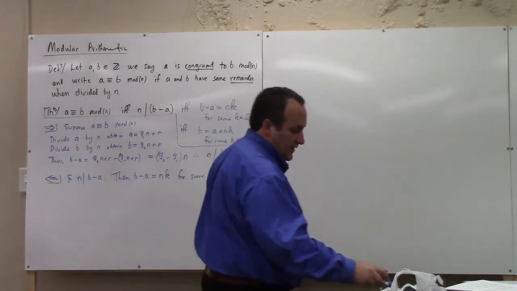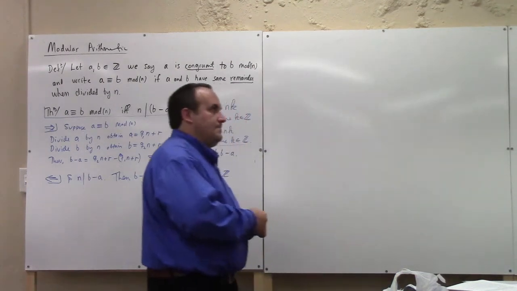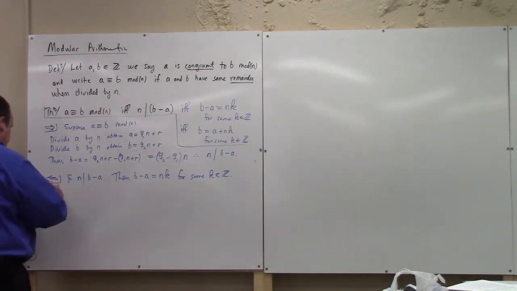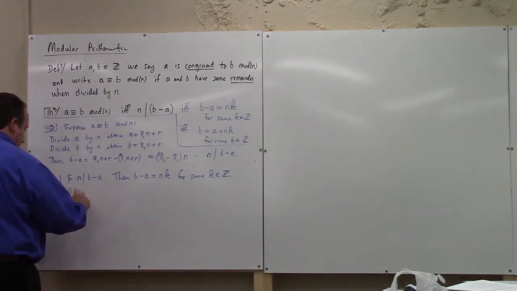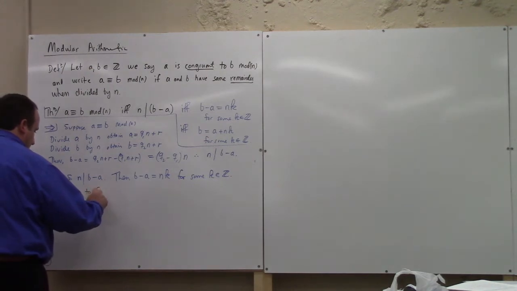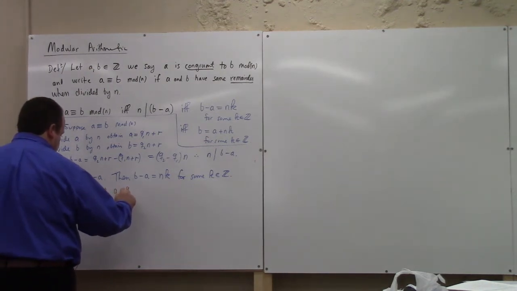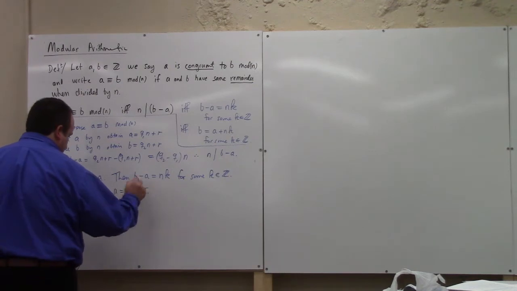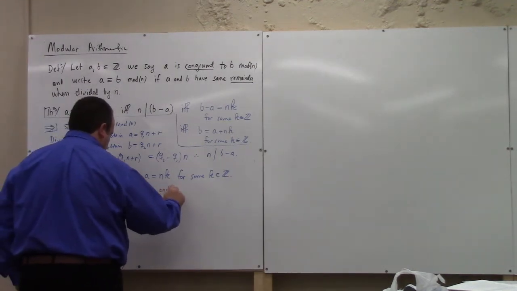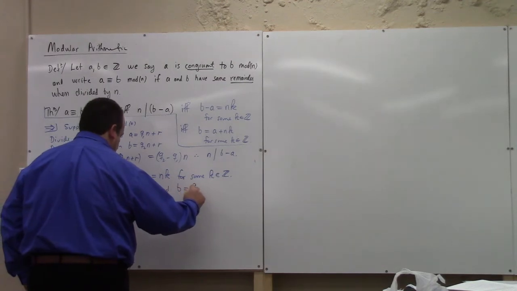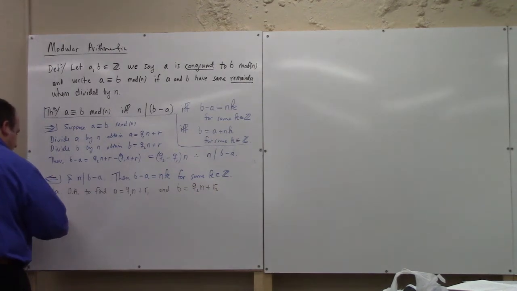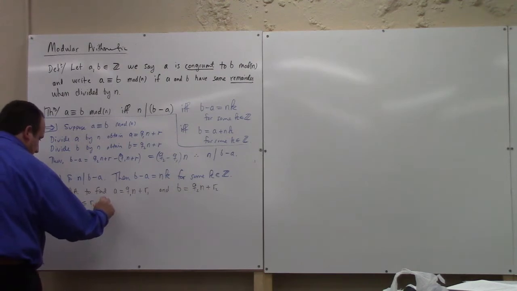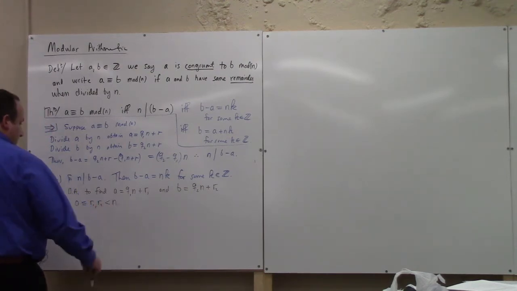So use the division algorithm to find A is equal to Q1n plus R1 and B is equal to Q2n plus R2, where 0 is less than or equal to R1 and R2, which are less than n, right?